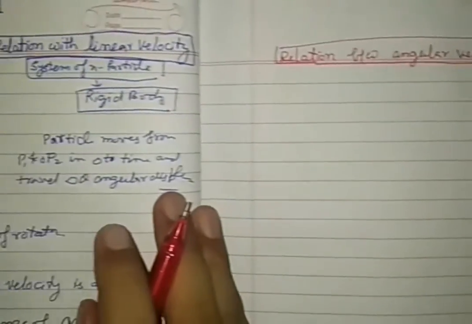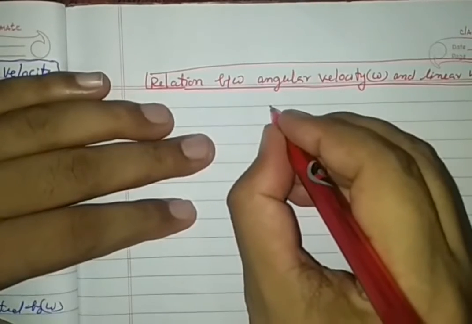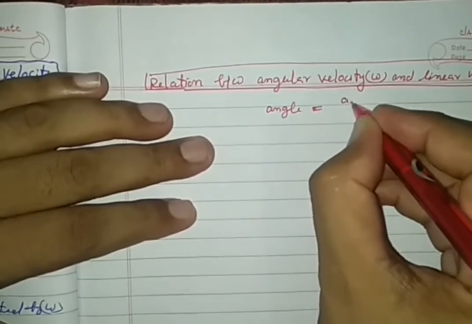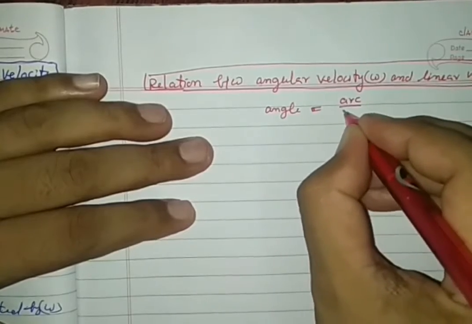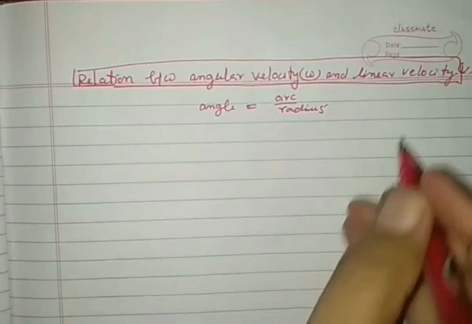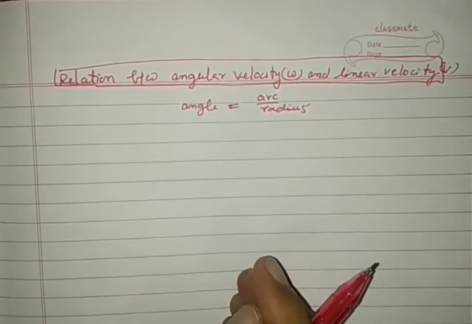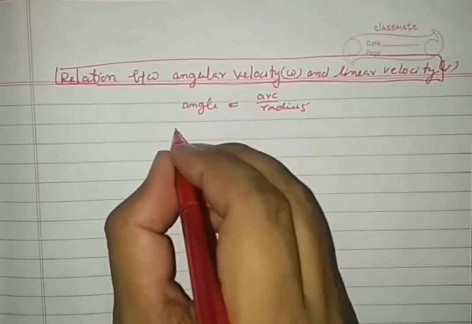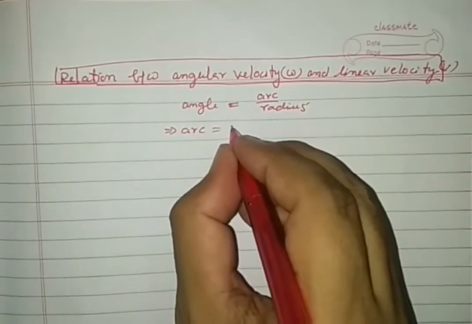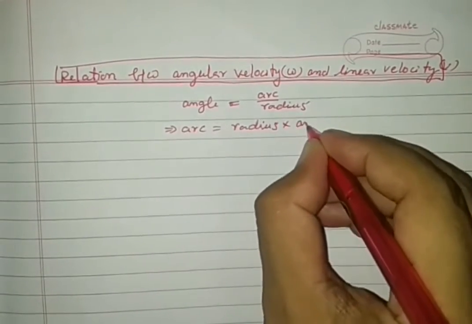So we know that angle is equal to arc by radius. See very carefully: this angle is equal to arc by radius, right? This implies that arc is equal to radius into angle.